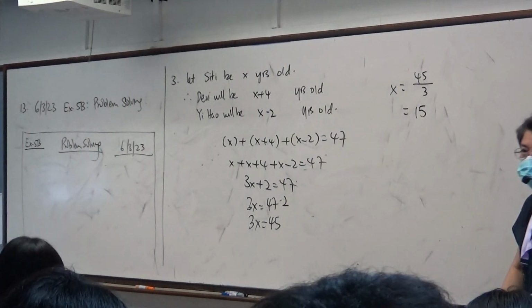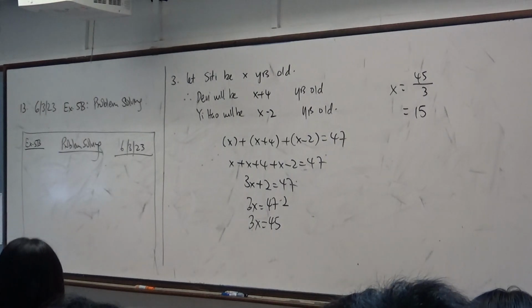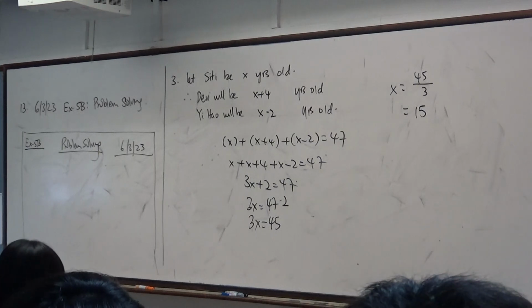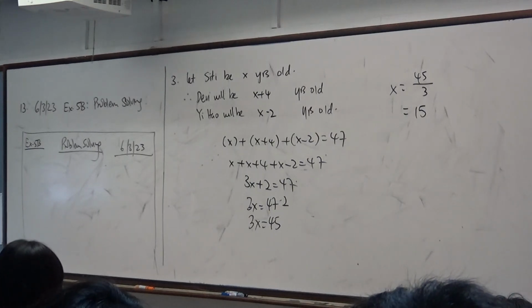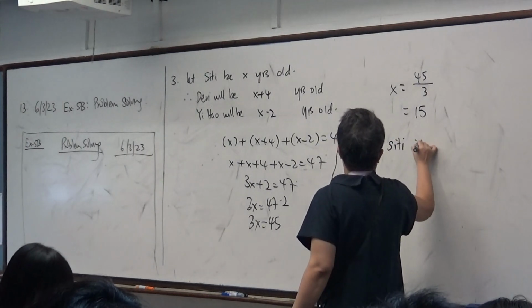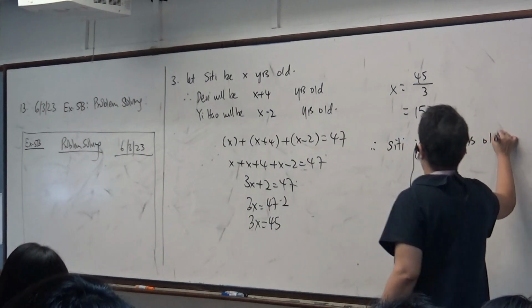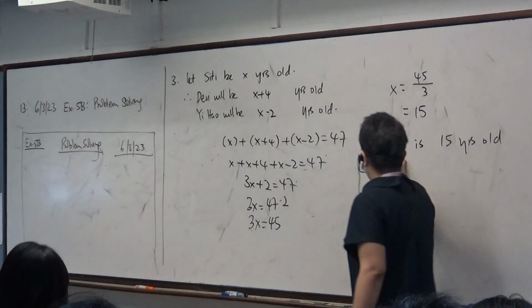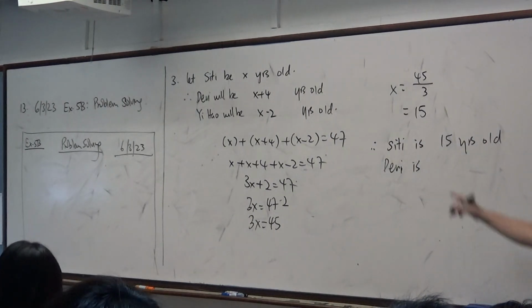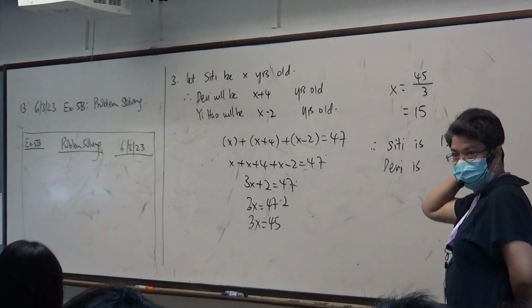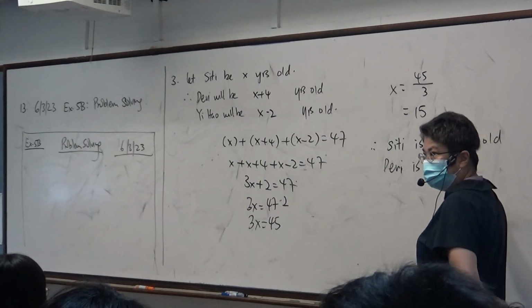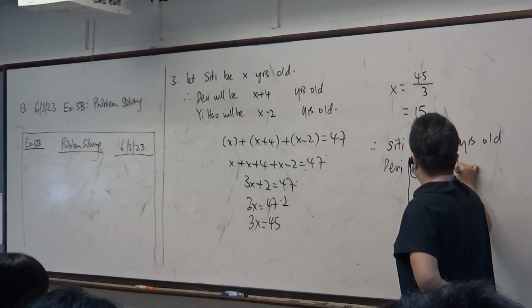Do you get x equals 15? Those who have done, do you get x equals 15? Then I want to ask, is this the final answer? What did the question ask for? Find their respective ages. So, therefore, Siti is 15 years old, right? What about Davy? 15 plus 4, so how much is it? 19.